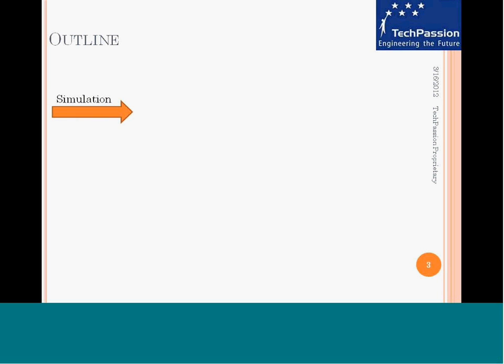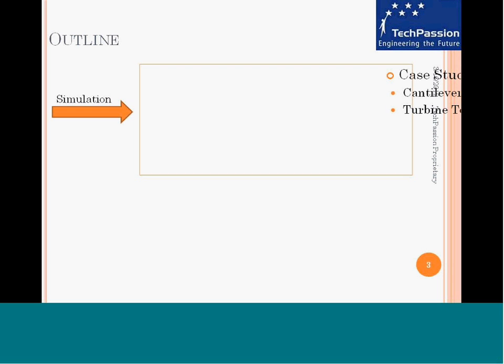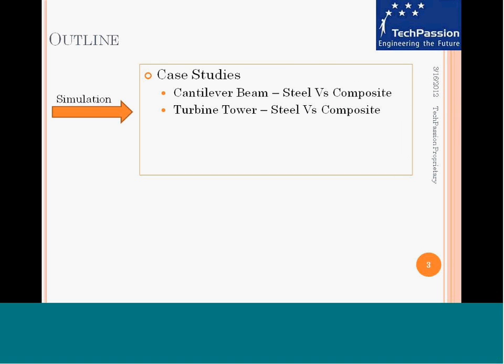About the outline of today's presentation, there are two components. One is simulation. In the simulation, we are going to see two case studies. One is that of a cantilever beam. The other is that of a turbine tower. A cantilever beam made of steel is compared with a cantilever beam made of composite.